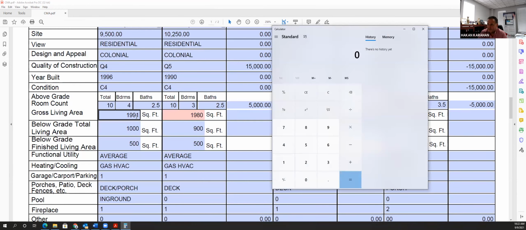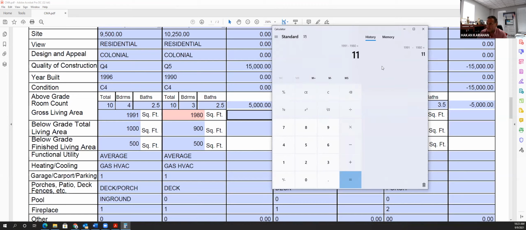So let's just calculate. This home has 1,991 square feet, 1991 minus 1980 equals an 11 square feet difference. So for this purpose, we are going to do $30 per square foot. Now, a lot of agents get confused here. When you are listing a property for sale and you see those square foot prices on the MLS, it may say 150, 160, 200, in some cases 230, 240.